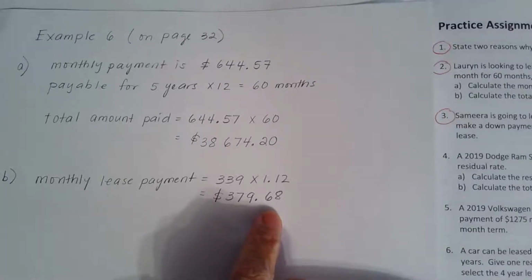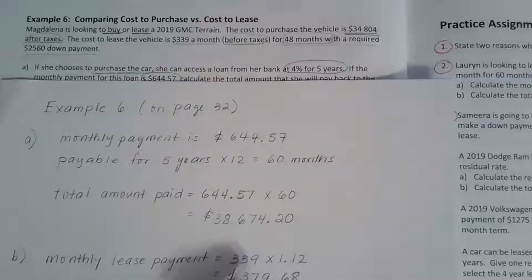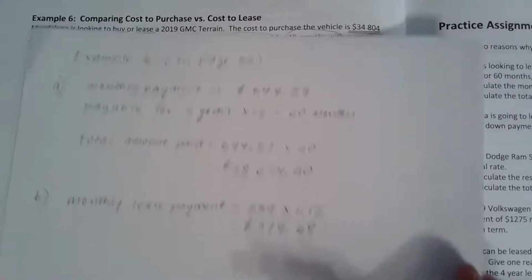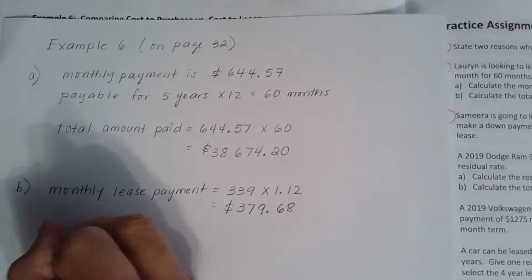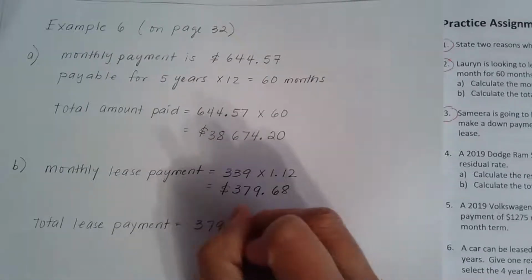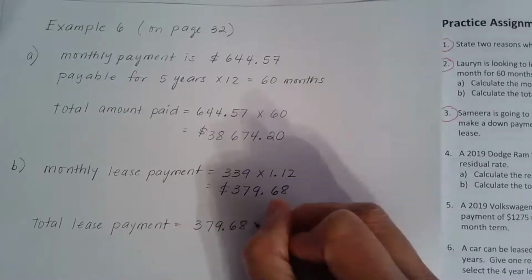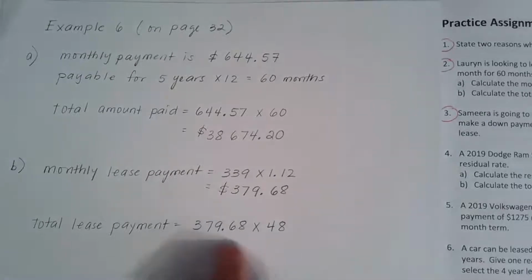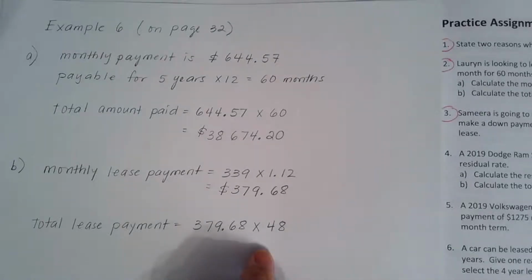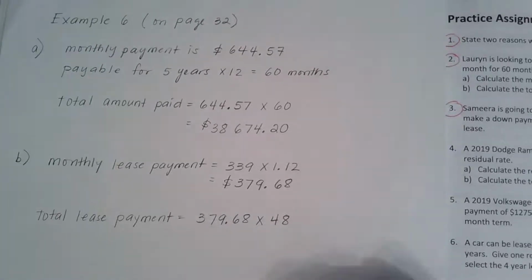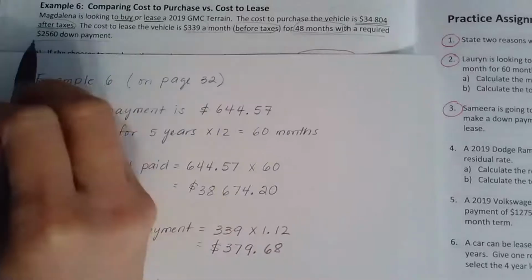So how do we figure out the total cost? She's going to pay for the whole 48 months. So the total lease is $379.68 times 48 months. That's basically the amount that we're going to pay, but that doesn't include the down payment.